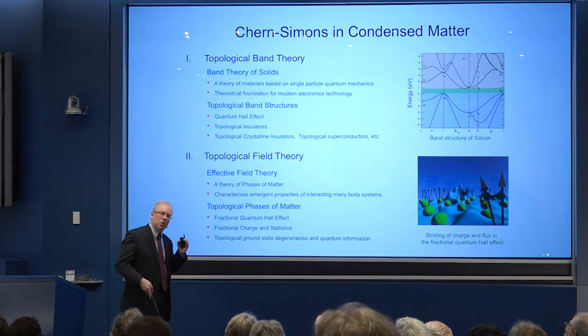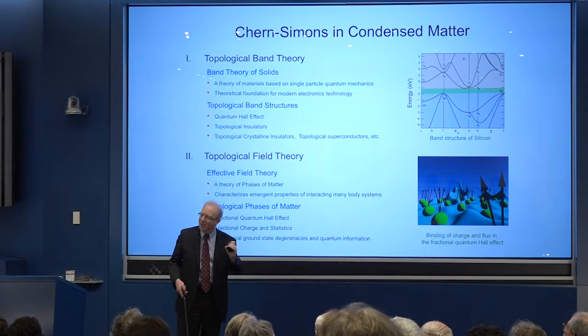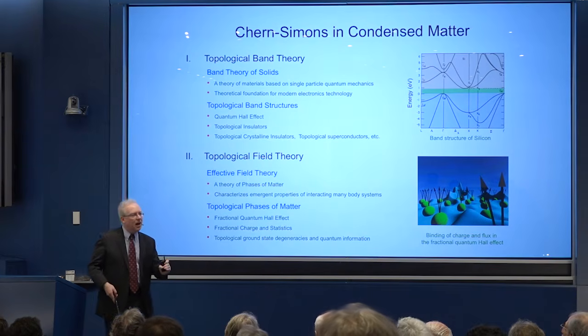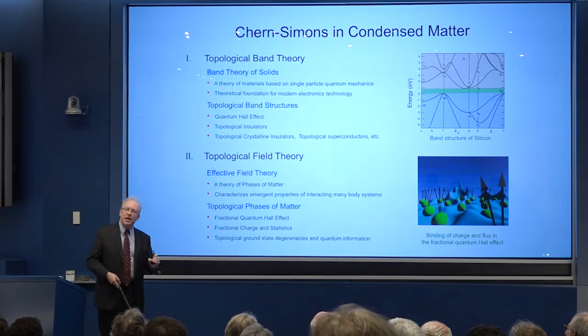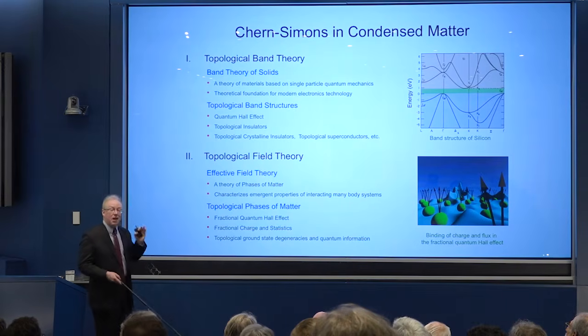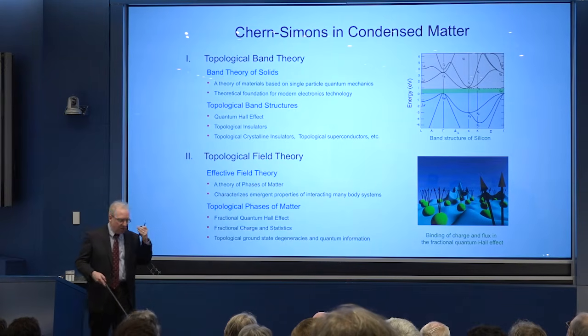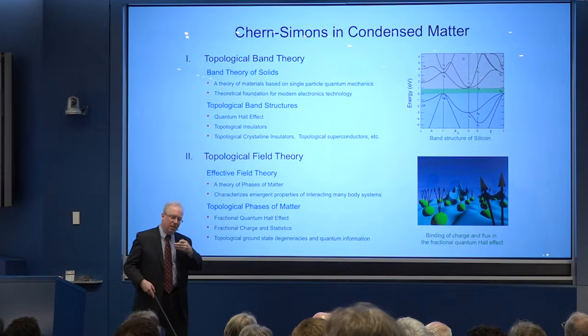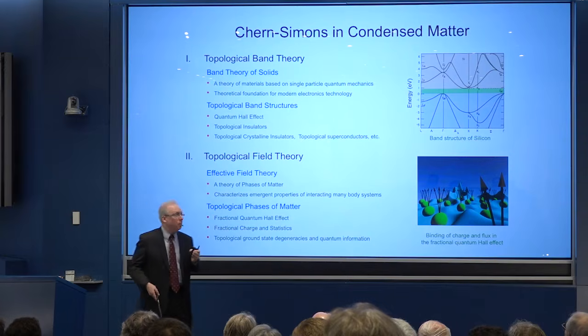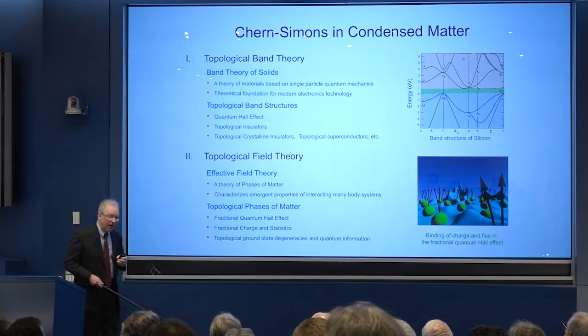It's probably the most consequential theory that we have in physics. It's the theory that underlies our understanding of all kinds of electronic materials, okay? Semiconductors, okay? So the technology that underlies the information world that we live in today ultimately derives from our understanding of the band theory of solids.